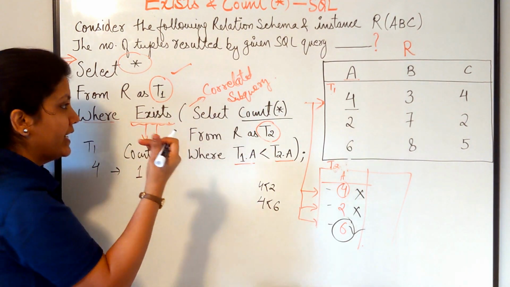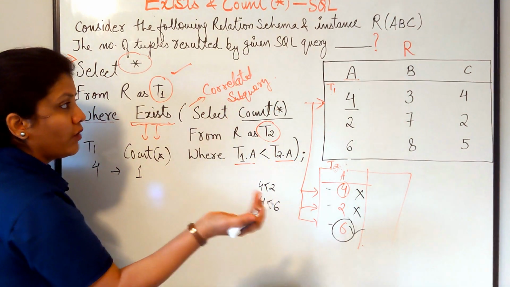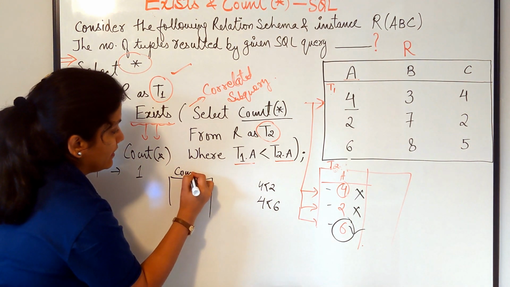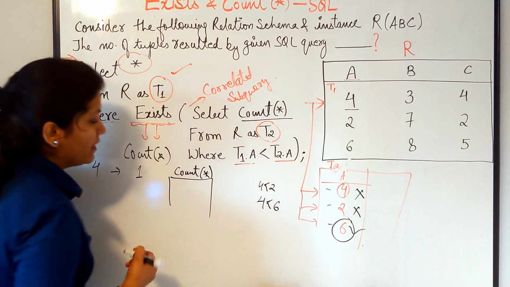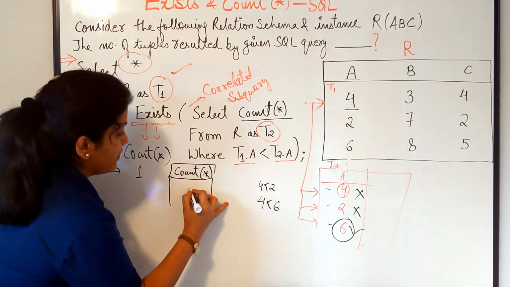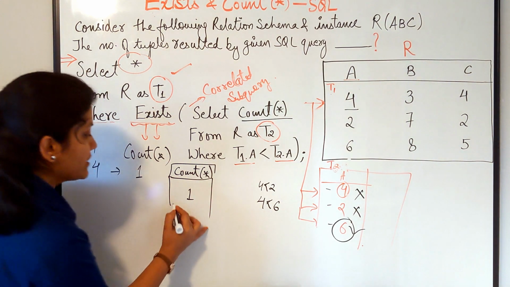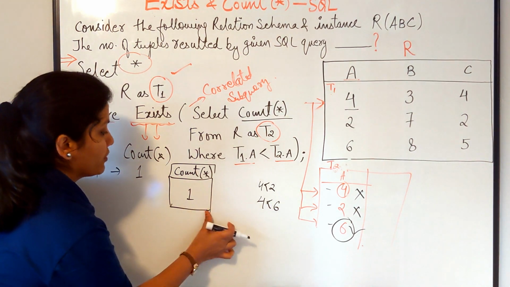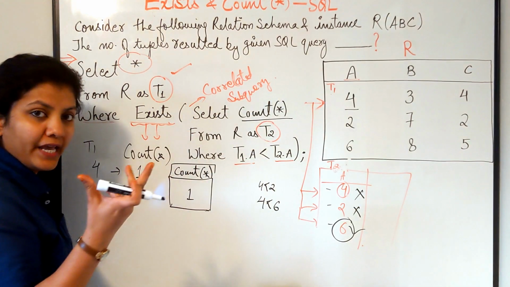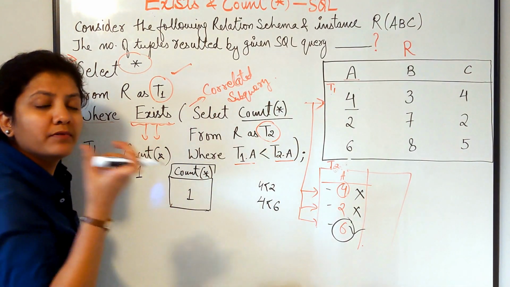Because it is returning 1, it simply means that this is existing. So this query will return a small schema where the top of it will be count star and the value inside is going to be 1. This is going to come out as an output. That shows that this is not empty and this is giving you some relation.